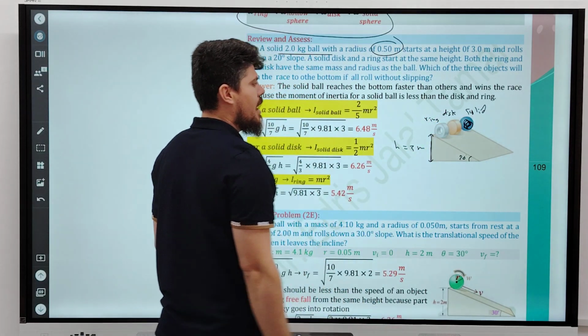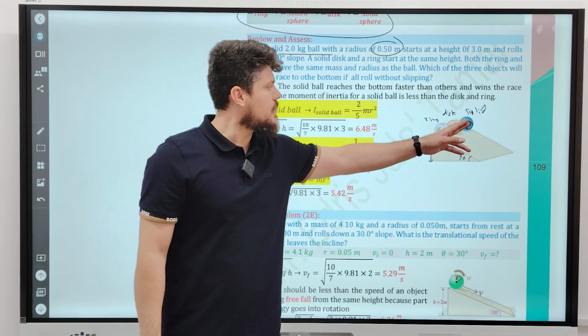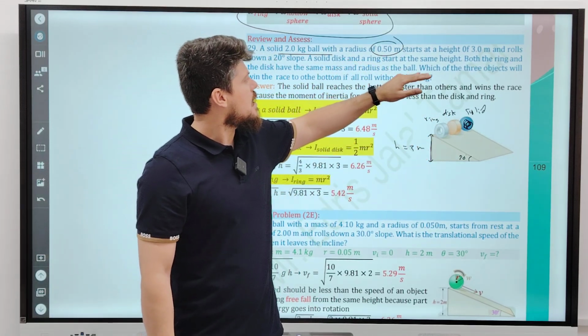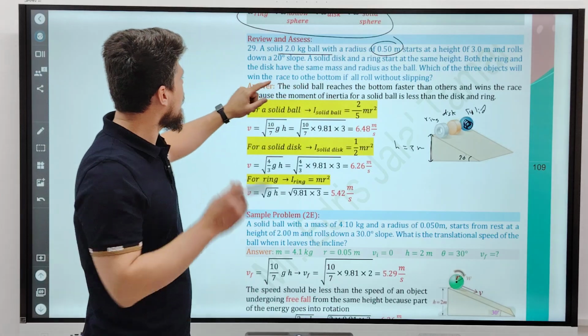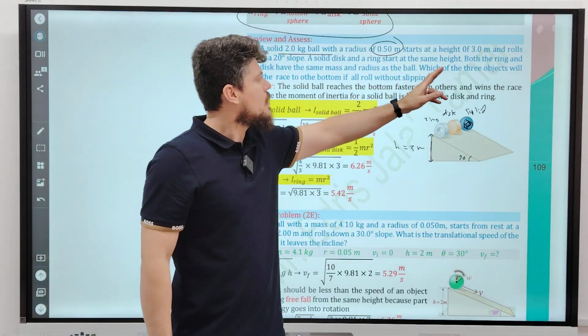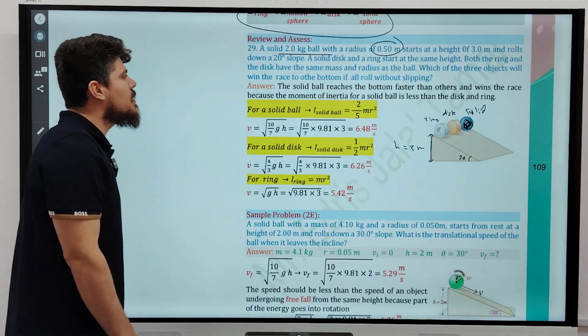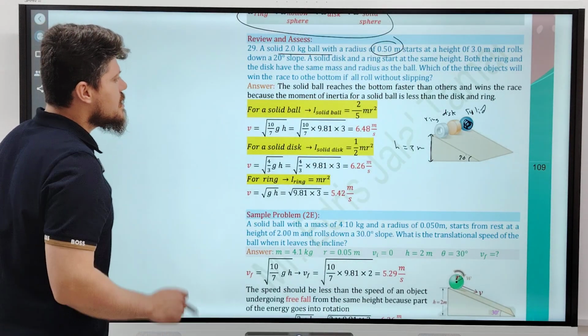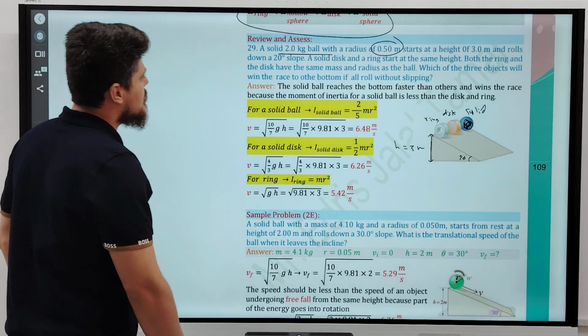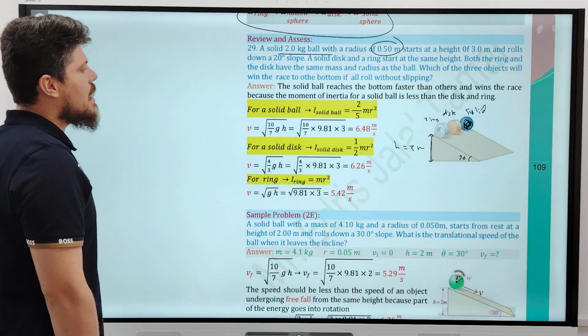How many shapes do we have? 3 shapes: solid sphere, disc, ring. They start at the same height. The ball, the ring, and the disc have the same mass and the same radius as the ball. Which of the 3 objects will win the race to the bottom of the incline, rolling without slipping?